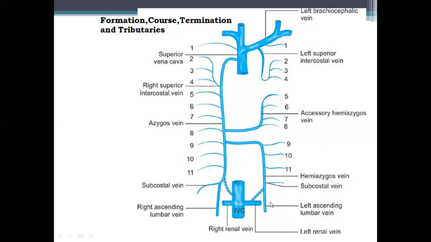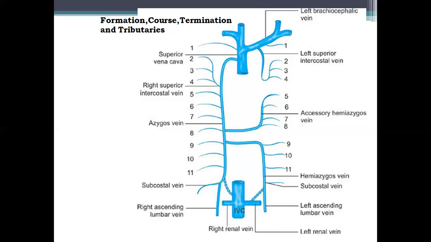It might be by the union of the left ascending lumbar vein and left subcostal vein. It may arise from the posterior surface of the renal vein. Since it arises from the renal vein directly, it won't arise from the inferior vena cava. There's a reason behind that.